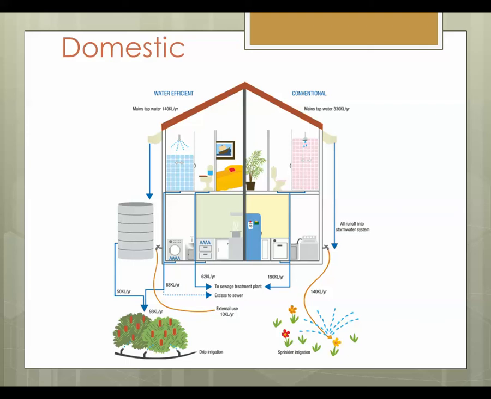Other things in the house which save water. Well, most houses these days have systems where they capture rainwater and it goes into water butts, which can then be used to water the garden and plants. Another key way, a lot of domestic appliances such as the washing machine and the dishwasher are now being rated based on their water consumption, and this is becoming a more common feature.